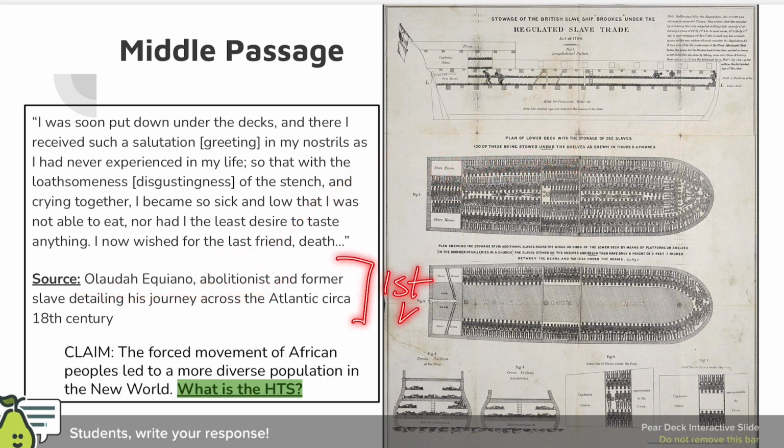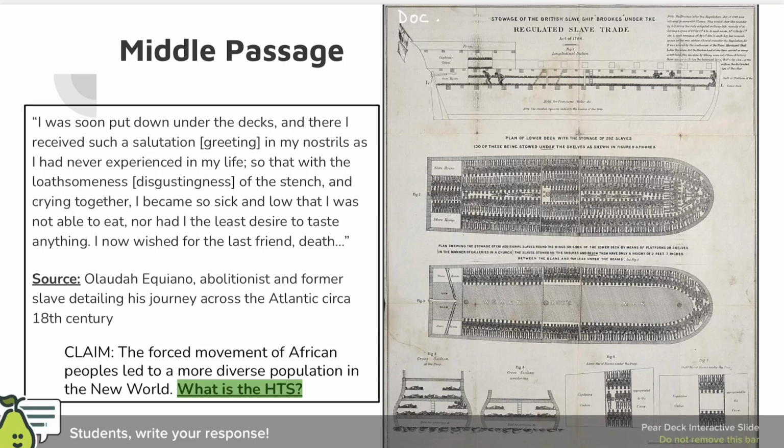So if this is a first-hand account written by someone who is a witness or a survivor of the Middle Passage, would this be a primary source or a secondary source? Primary source, exactly right. Okay, so this is someone who survived the Asiento.